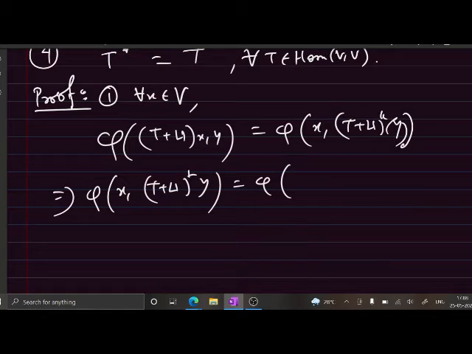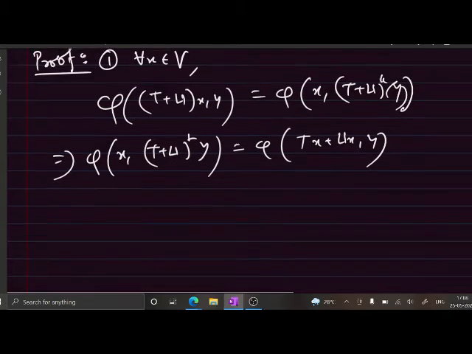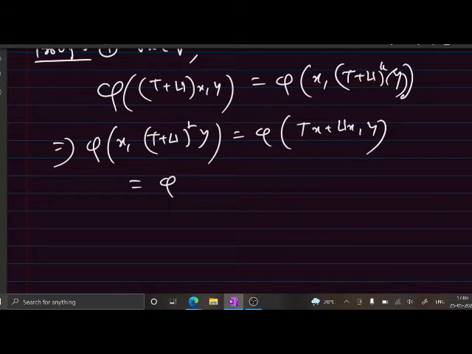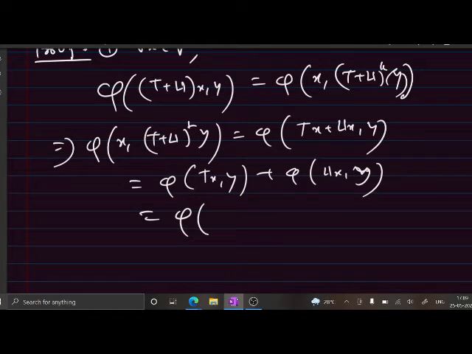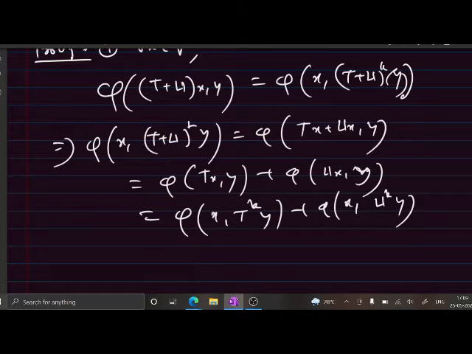Now (T plus U)x, y is Tx plus Ux, y, so it is phi of Tx, y plus phi of Ux, y, which means it is phi of x, T star y plus phi of x, U star y.